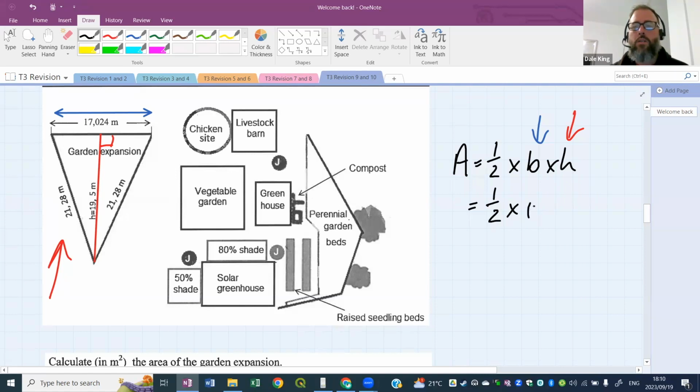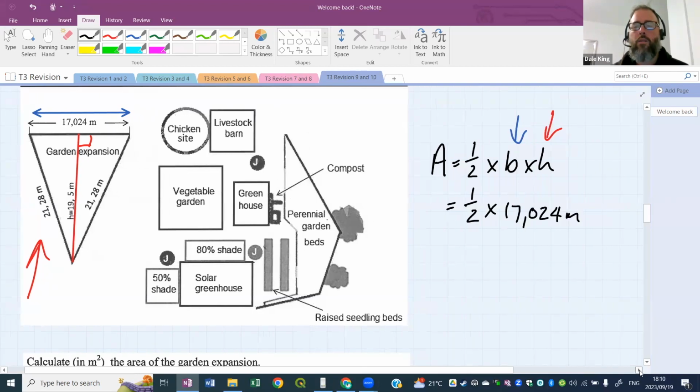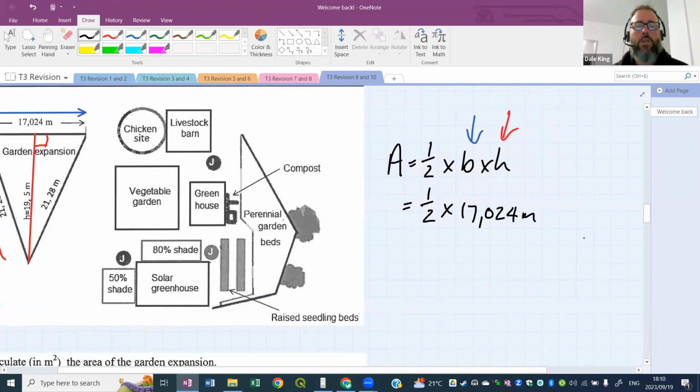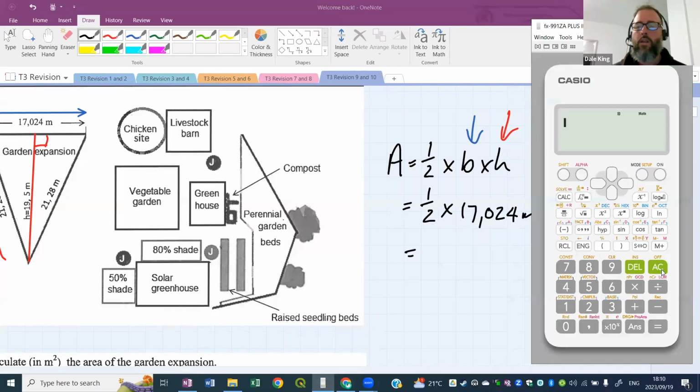So that's the height we're talking about. All those other numbers are just there to try and confuse you. So the base is 17,024 meters. And then I'm going to put in my height, times 19,5 meters. All right. I'll put that into our calculator.